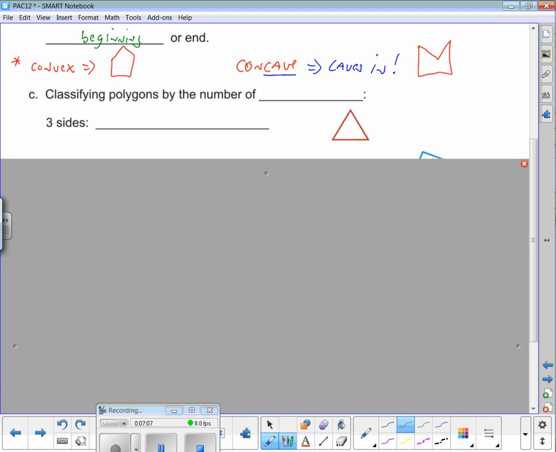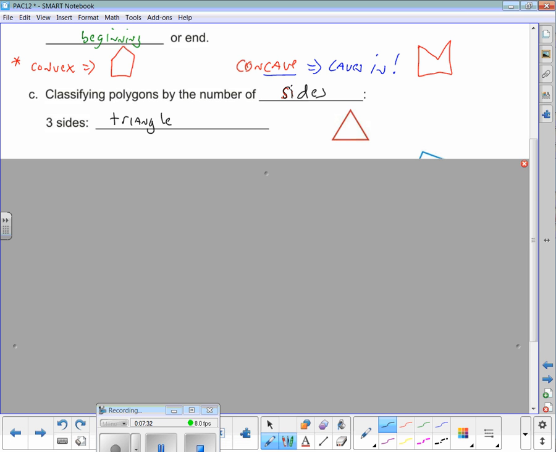We got to classify our polygons, according to the number of sides. And you guys know a lot of these. Don't speak out loud until I ask you, but I will ask you on a lot of them. Everybody knows the name of the first one is a triangle. And that's boring.